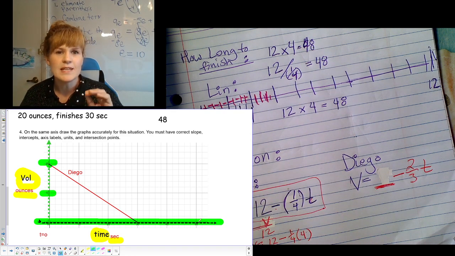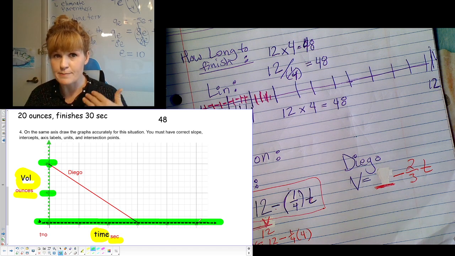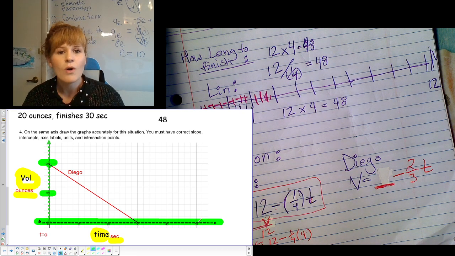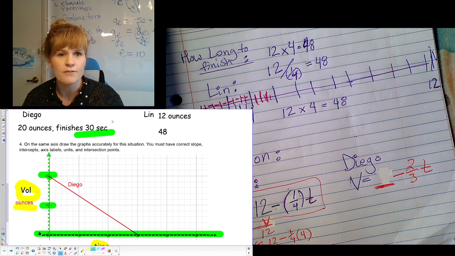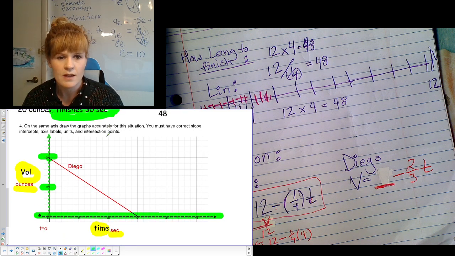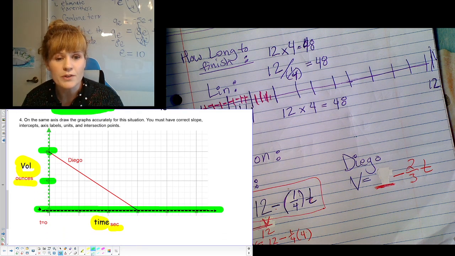So at the ending time, when his milkshake is gone, how long has it been? Well, we found out Diego finishes in 30 seconds. We already calculated that. So that's the next point on your graph. Diego finishes his milkshake in 30 seconds.